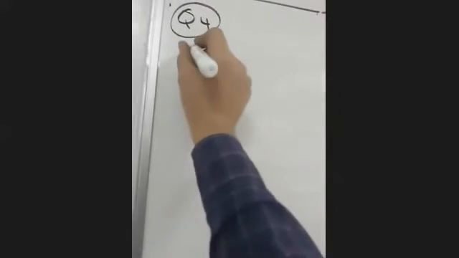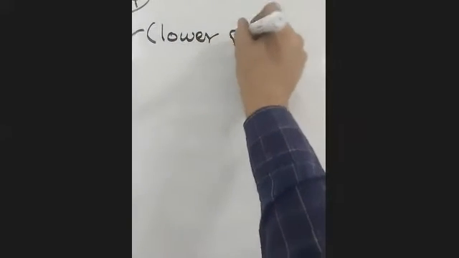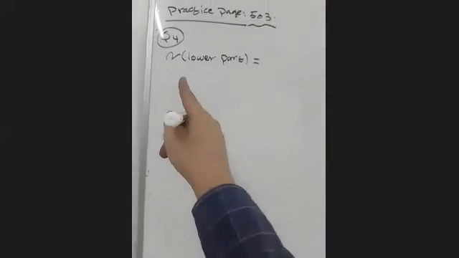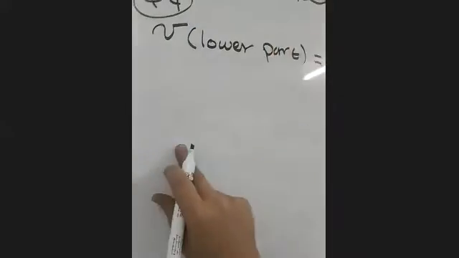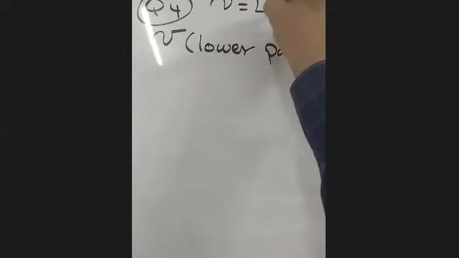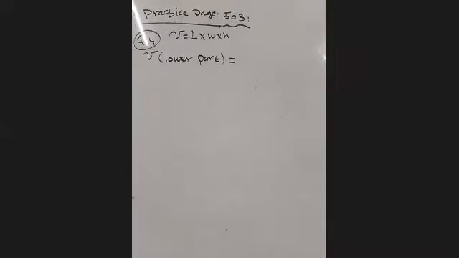Let's find the volume of the lower part. We know that the volume of the rectangular prism is length by width by height. Let's go to the lower part and tell me, what's the length of it? 6 centimeters.